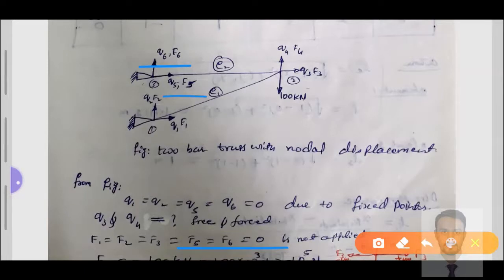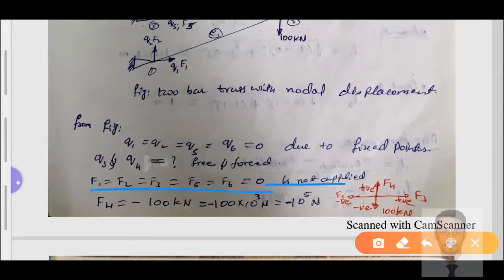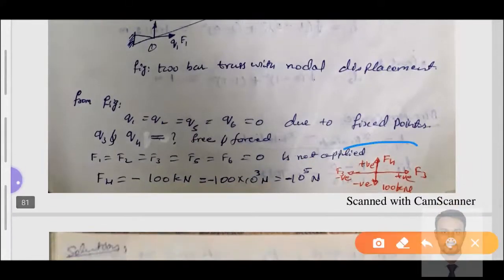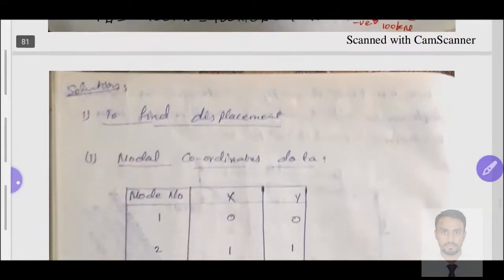That is equal to 0 due to no force applied on these particular nodes with respect to position and direction. Only force has been applied at node number 2, vertically downward, negative axis. Take care of that concept, remember it. After that the FE model is over.